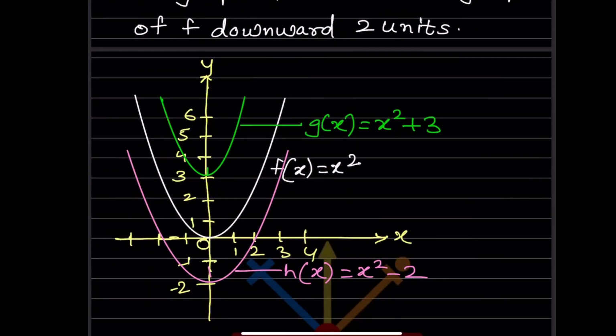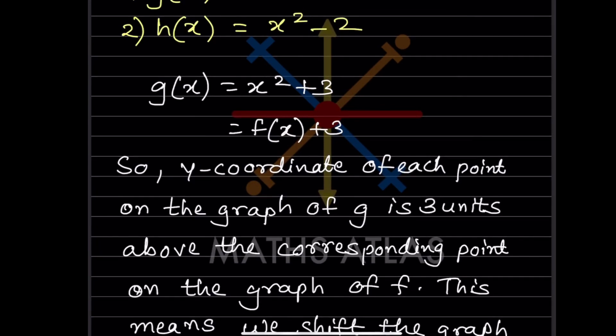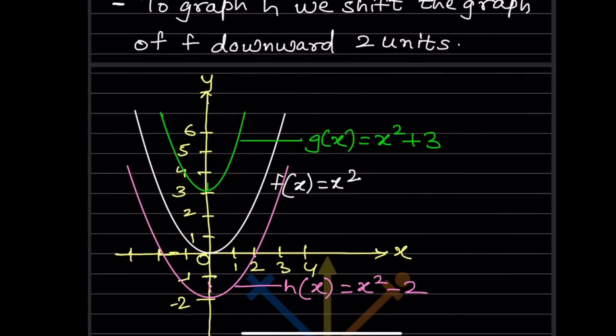So now let us see here, in the same graph, we will see for both. This is the parent one, that is f of x is x square, the white one. In this one, if this is at 0, so what are you going to do? For g of x, x square plus 3, this is x square, so x square plus 3 means you will go upwards 3. So this will be 1, 2, 3.